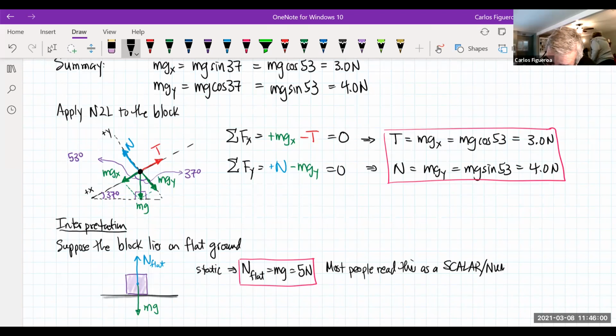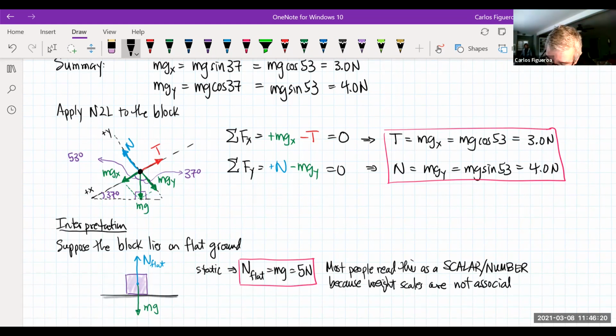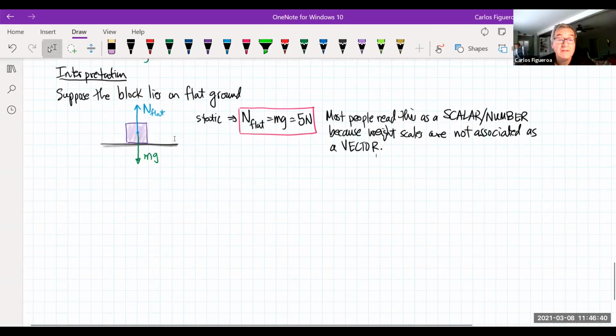A number, because weight scales are not associated with a vector. But weight is a vector. That's the problem. It is a vector. And so what we want to do here is look at the incline.